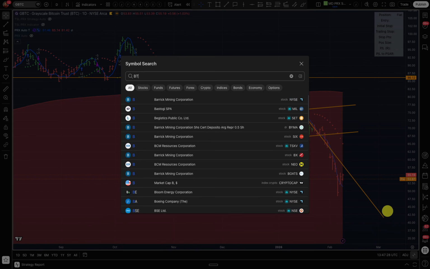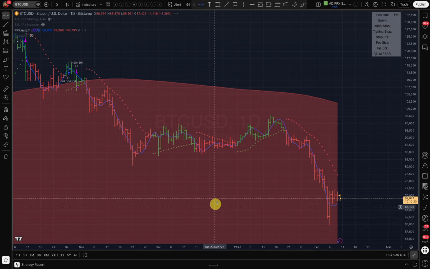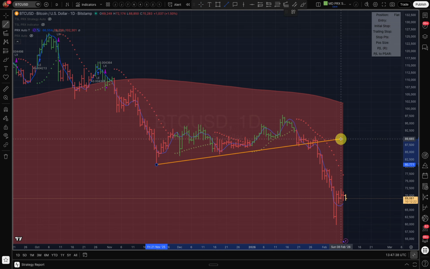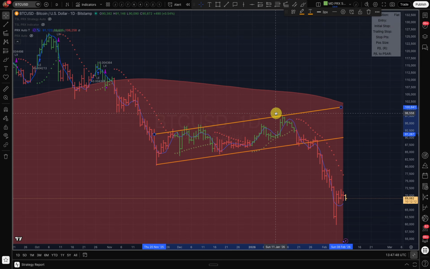Now, if we wanted to look at the same thing on actual Bitcoin, if I zoom this out a little bit, it's going to look the same. So here we could draw in our same sort of channel, and you can see how we got hung up on the bottom of this channel, broke, retested, and then broke again. So classic TA-based analysis here.